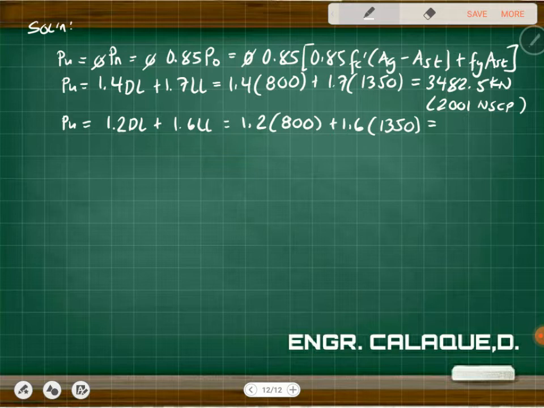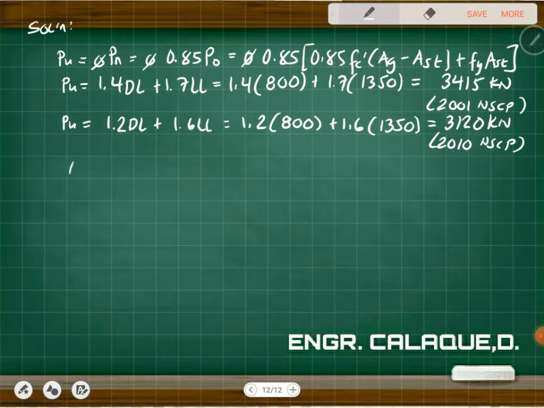Mali yung na-input ko. This is 3415. Okay? So, dito naman is meron tayong 1.2 and 1.6. So, we have 3120 kilonewton. This is based on 2010 NSCP. Ayan, no? So, meron na tayong value for the Pu.